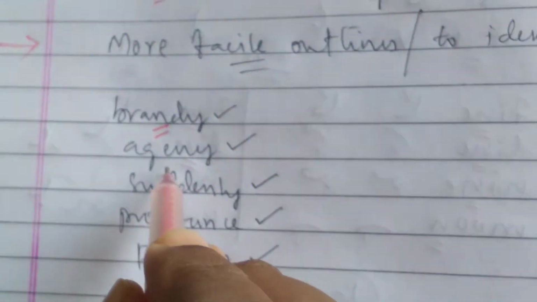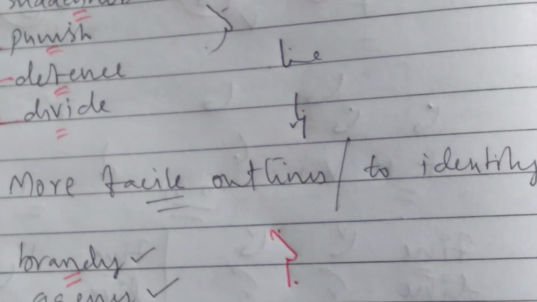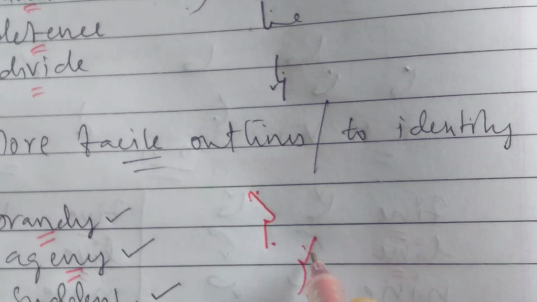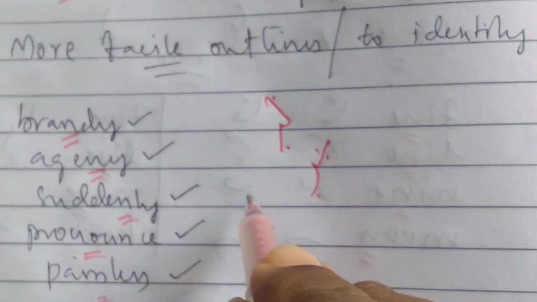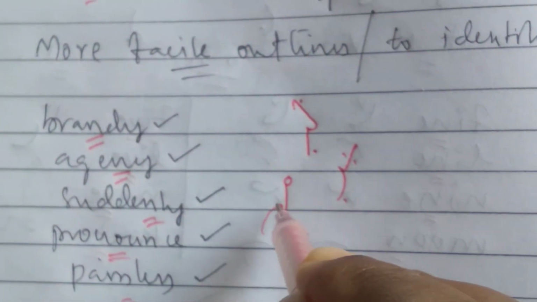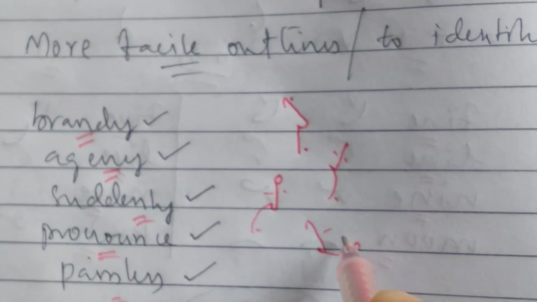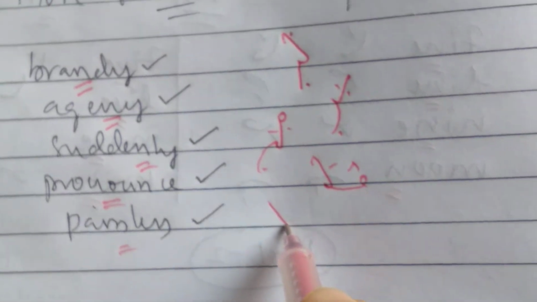The N sound is there in each of them. Brandy: bar above the line, N hook, D, brandy. Agency, suddenly, pronounce, painless.